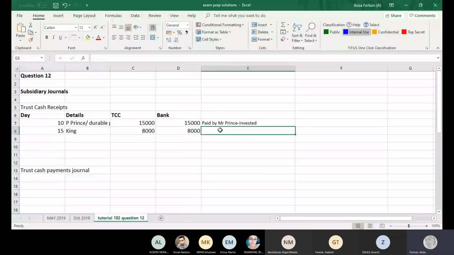Okay. What goes into my trust cash payments journal?